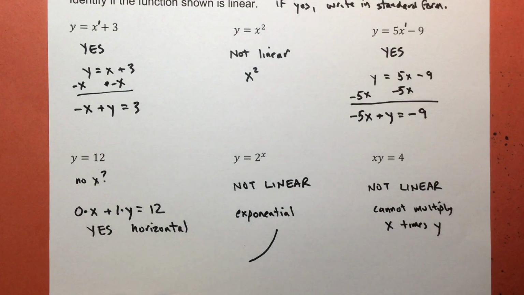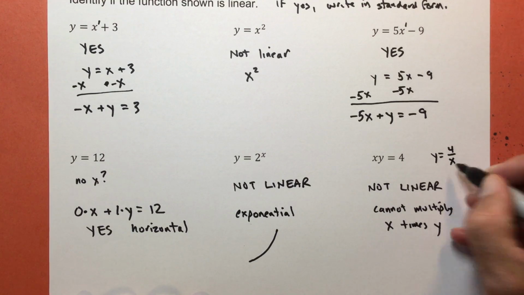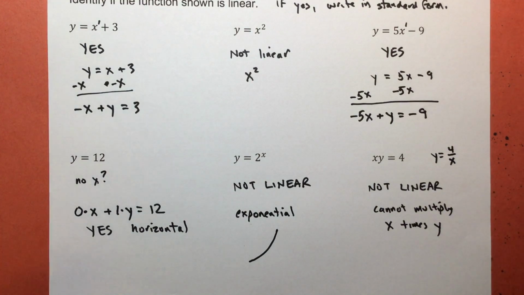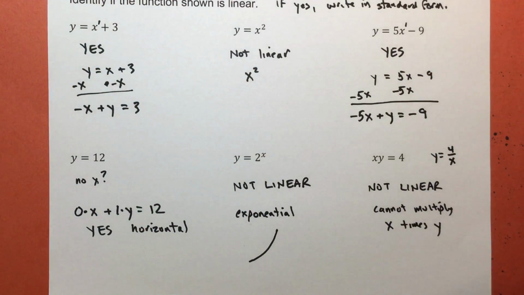This actually makes a function where it looks like this: y equals 4 divided by x, and that goes back, if I divide both sides by x, to you can't have any x's in the denominator. Okay, so looks like we saw 3 of them that were linear and 3 of them that were not, and we'll do more examples later. Ask questions in the discussion.